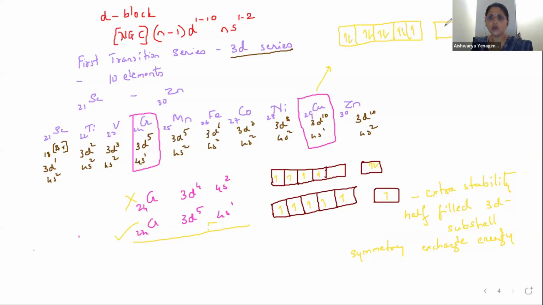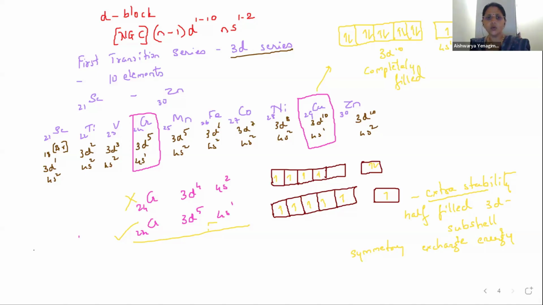So here it was expected to be like this, but one electron from 4s jumps here and makes the configuration 3d10 4s1. Why? The reason is extra stability. Here it is half filled, and in the case of copper it is completely filled. Completely filled or half-filled subshells are more stable. The reason is symmetry and exchange energy.